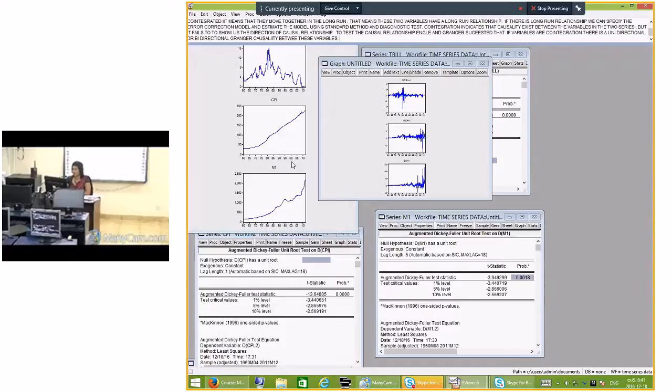So to test the causal relationship, there is another test, the Engle and Granger causal relationship test. So next week, let's discuss the co-integration and the causal relationship in the Engle and Granger test. Again, you know that unit root.